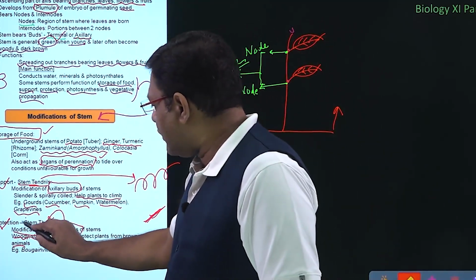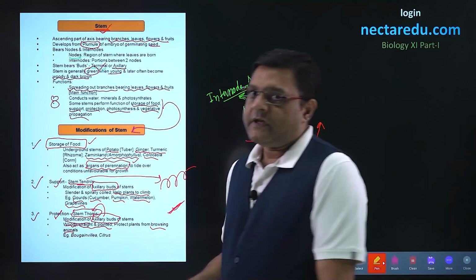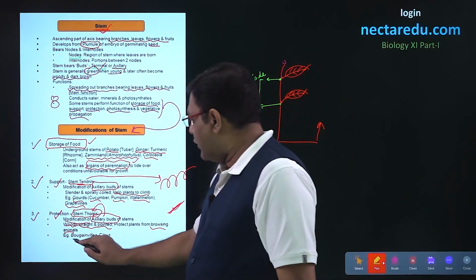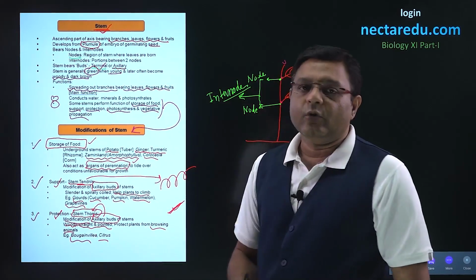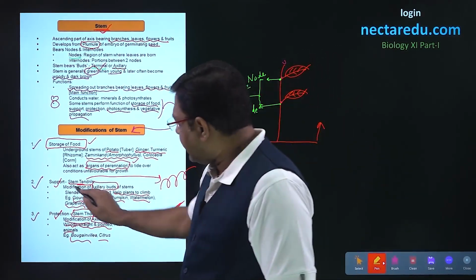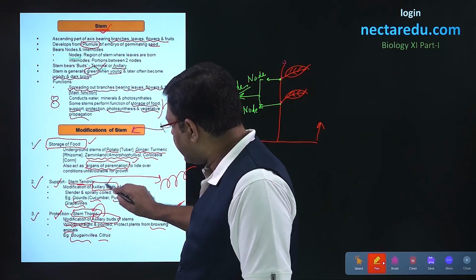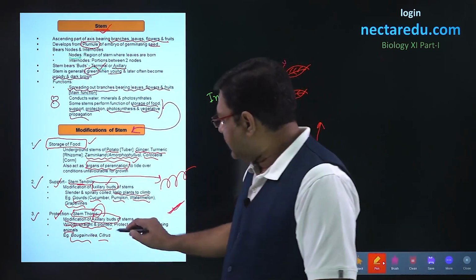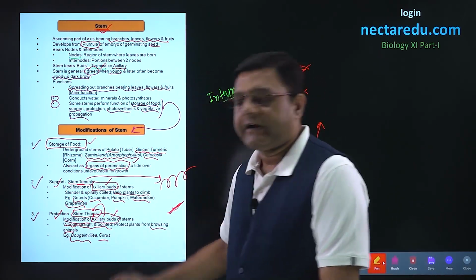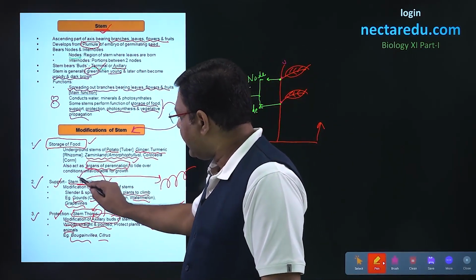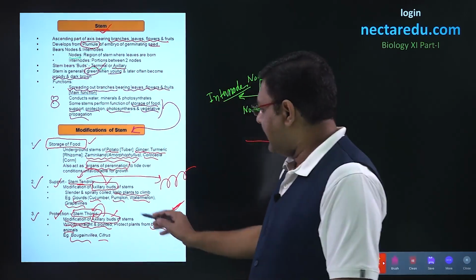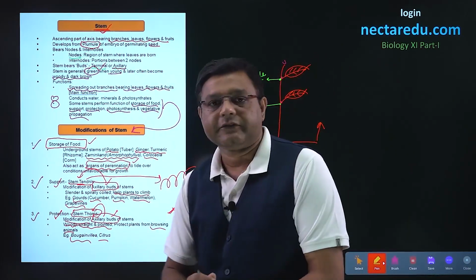These are called stem thorns. Common examples are bougainvillea and citrus plants. One point we can note here is that in the second case it was the modification of axillary buds, and in the third case also it is the modification of axillary buds. In the second case axillary buds modify to stem tendrils, and in the third case these modify to stem thorns.